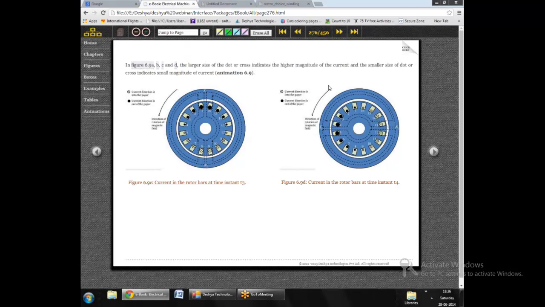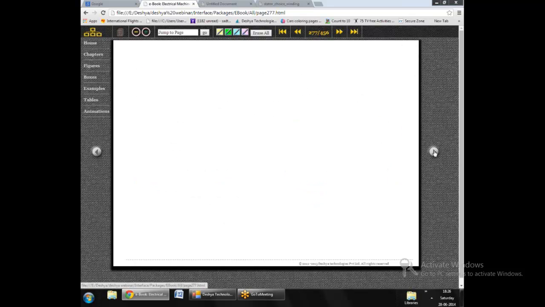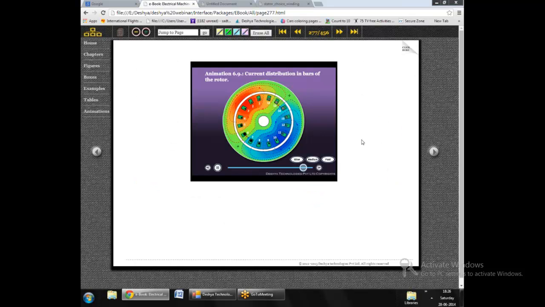And this is what is being explained here in the theory part. We can see in the animation how the current flowing in each and every bar changes as the stator's magnetic field changes its position. Here one can see that the bigger dots and crosses indicate a larger magnitude of the current, and the smaller dots and crosses indicate smaller magnitudes of the current.